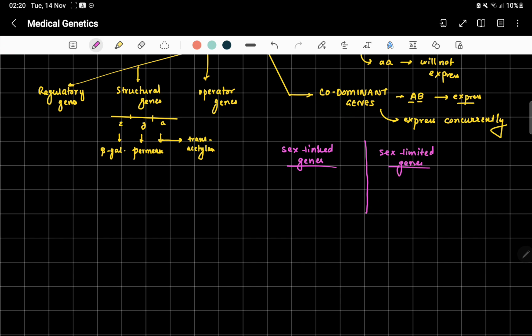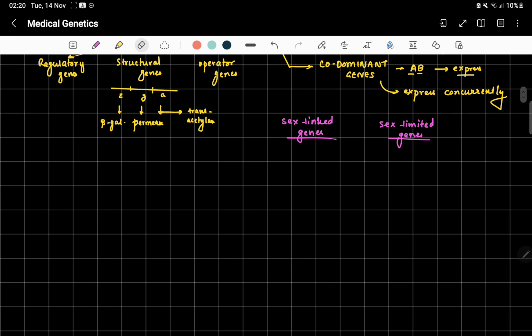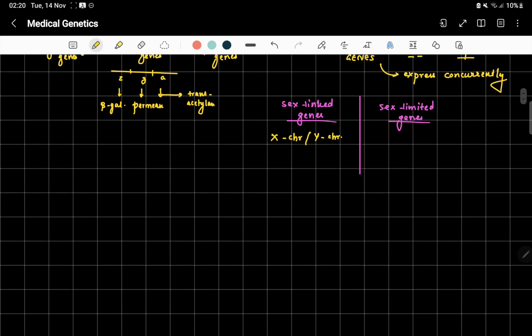So what are sex linked genes and what are sex limited genes? Let me tell you. Sex linked genes are genes which are located on your X chromosome or your Y chromosome, and they are inherited differently between males and females. Sex limited genes express in only one sex, either male or female. An example is the gene for pattern baldness, the alopecia gene.